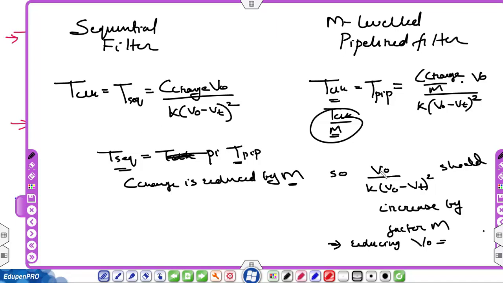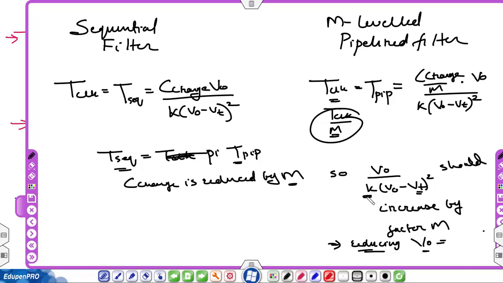but we want T clock of this system to be equal to T clock of this system. In that case, we have to increase this factor V naught into K divided by V naught minus Vt square. This factor should increase, and this will only increase when we reduce V naught, because K is constant and Vt is constant.